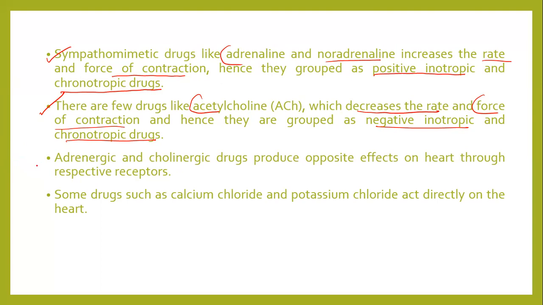Always remember, adrenergic and cholinergic drugs produce opposite effects on the heart through their respective receptors. The adrenergic drugs act on beta receptors, and the cholinergic act on muscarinic receptors. Specifically, beta is beta 1, and muscarinic is M2 receptor. By acting on M2 receptors, it will reduce the heart rate as well as the force of contraction.